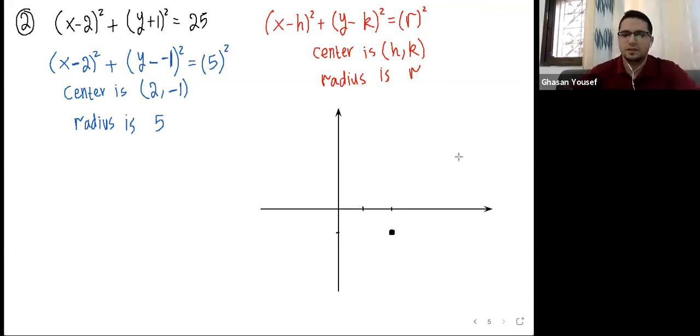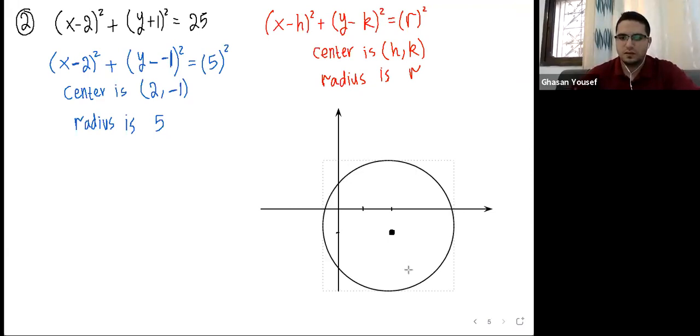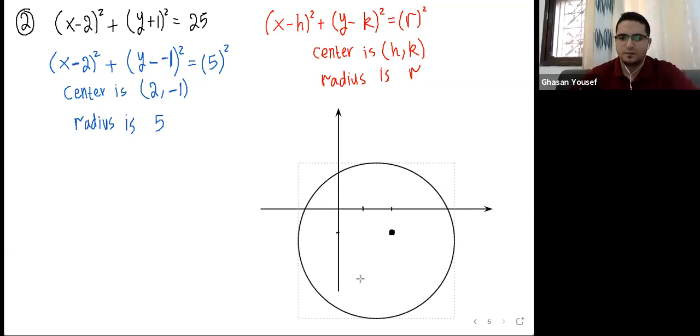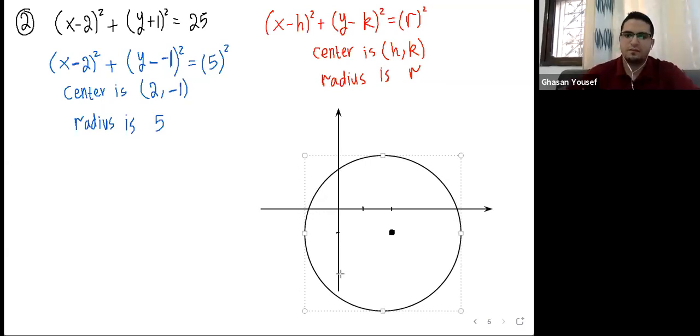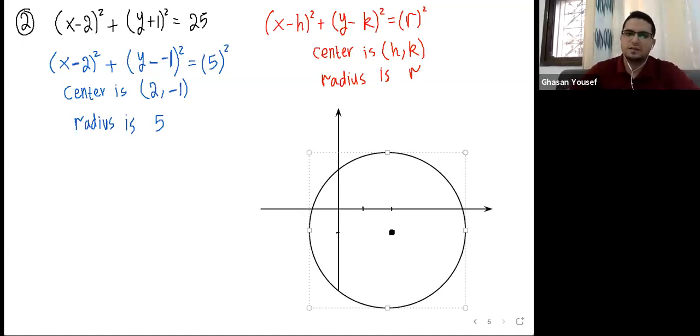This is the center of the circle, and the radius is 5. So it's going to be around something like this. It's not exact, but it's going to be bigger. The radius is 5 and the center is (2, -1).